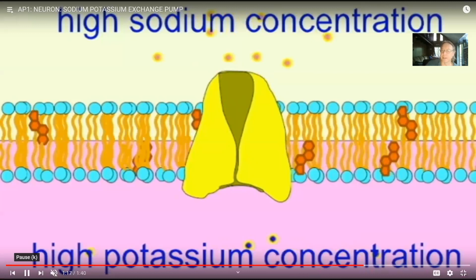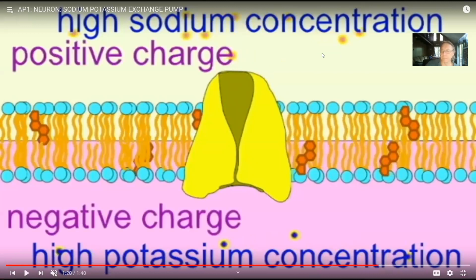Now, most cells of the body use this pump, and for that reason, most of the body's potassium is inside cells, and most of the body's sodium is in extracellular fluids like blood, plasma, lymph, etc.